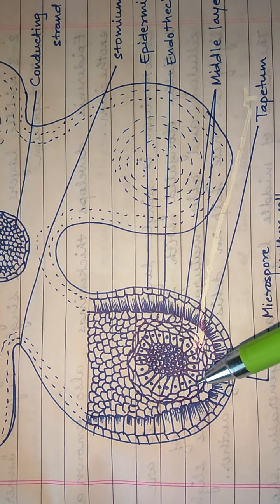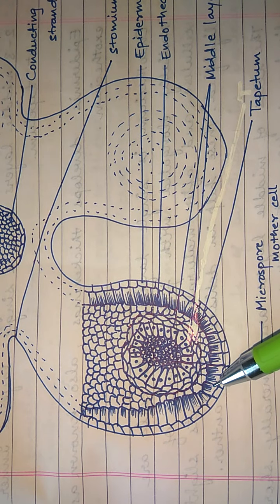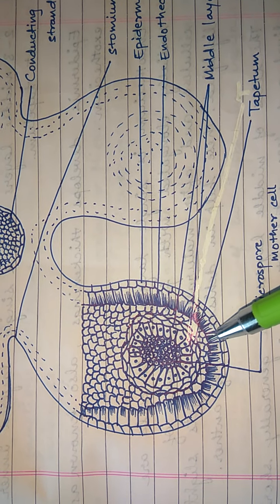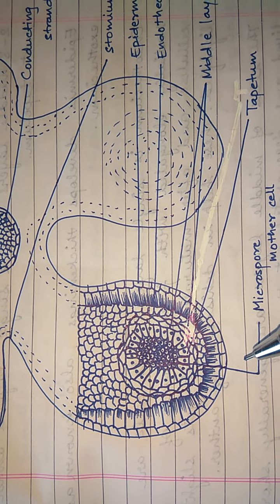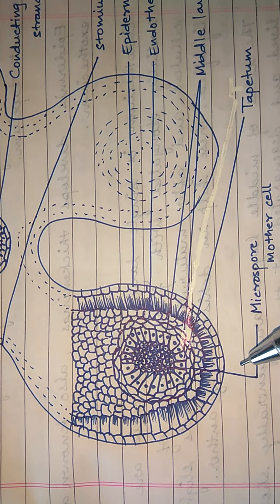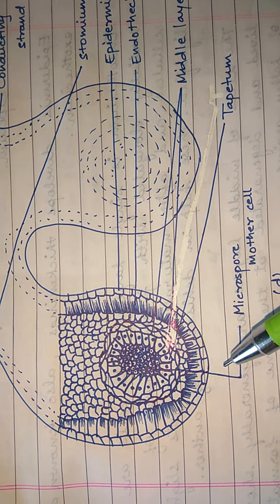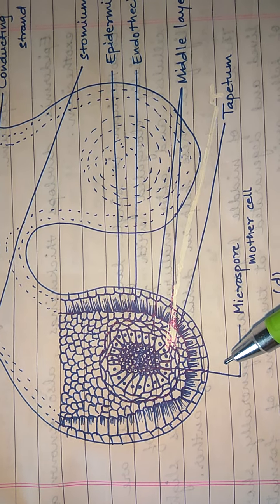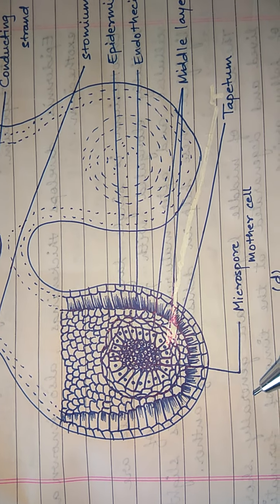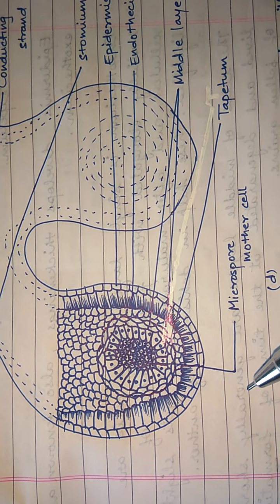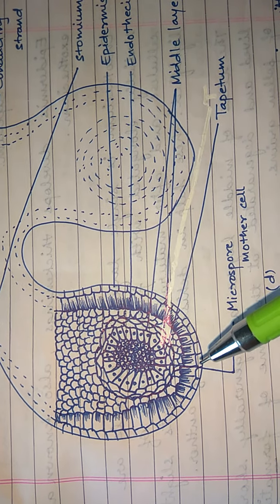The endothecium is single layered and its cells are radially elongated with fibrous bands of cellulose. These endothecial cells are slightly lignified at maturity. The cells of the middle layers are generally short-lived and degenerate at the time of formation of pollen grains.